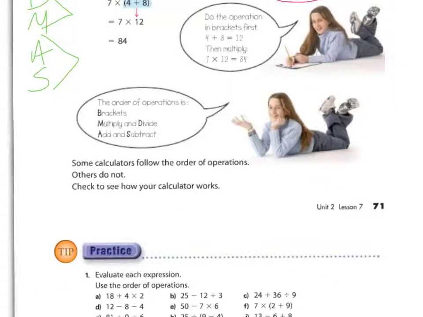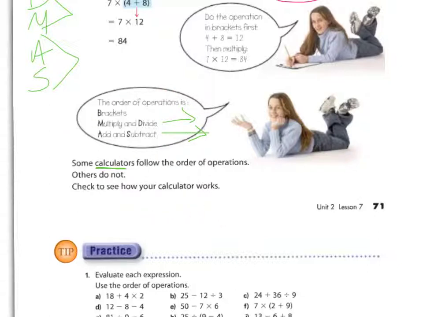Really important to remember, the order of operations is brackets first, multiply and divide left to right, add and subtract left to right. Check your calculator. Make sure you're punching them in this order. Otherwise, it might not follow the order of operations and it might be incorrect.